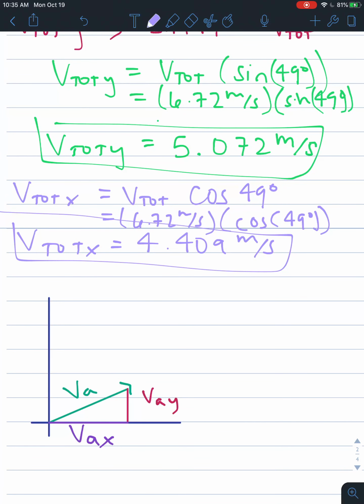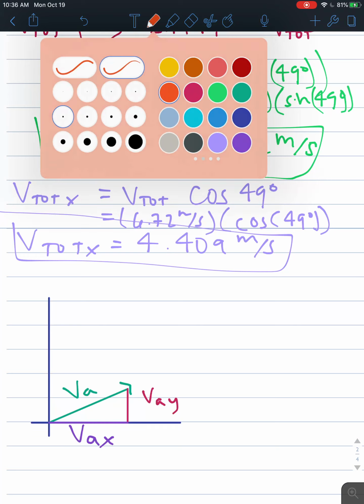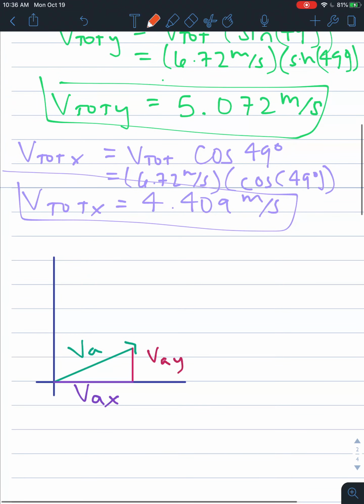Now we're going to do something really similar using our VA. We don't know everything here. We don't know the magnitude of VA, and we don't know VAX or VAY. But we do know this angle theta here is 22.5 degrees.